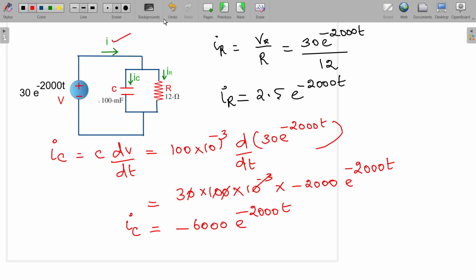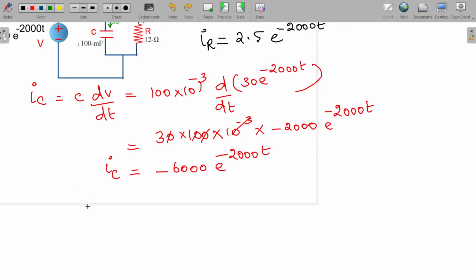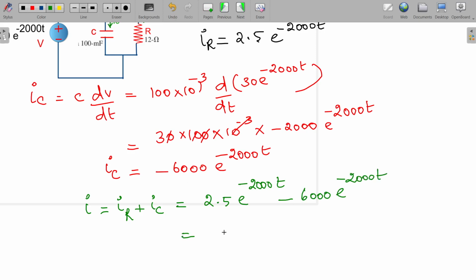Now we want to find this total current I. This total current I is the summation of the resistor current as well as the capacitor current. It's the summation of both. So this is equal to 2.5e^(-2000t) plus, actually we have the minus sign, so minus 6000e^(-2000t). Taking e^(-2000t) outside, we get 2.5 minus 6000.